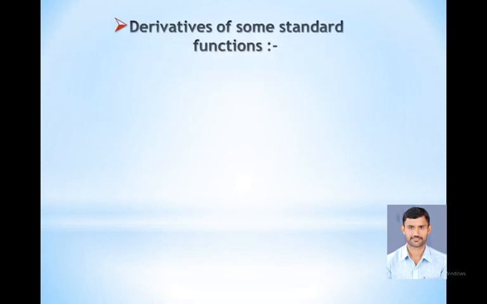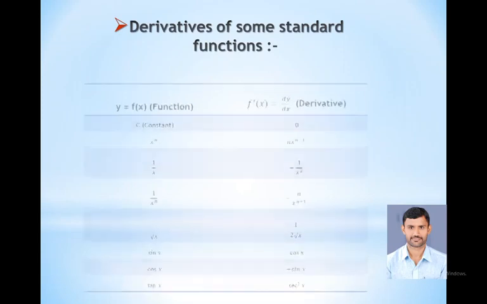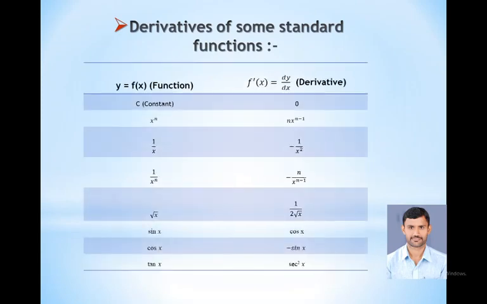Now derivative of some standard functions. Y is equal to f of x and f dash of x is equal to dy by dx. If function is constant, then derivative is 0. If function is x raised to n, then derivative of x raised to n is n into x raised to n minus 1. If function is 1 upon x, then derivative is minus 1 upon x square.